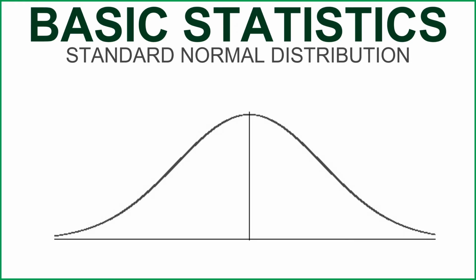So, this is an example of a normal distribution. So, from 0 to the right, we have 1, 2, 3, and so on.